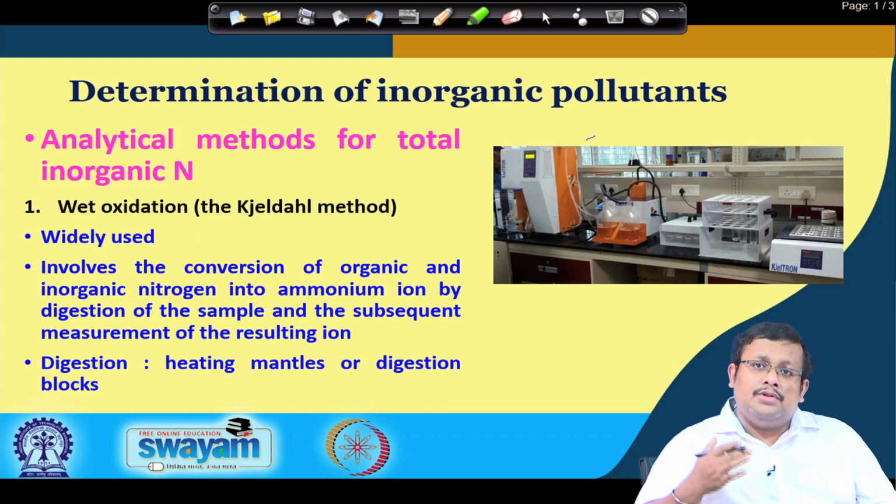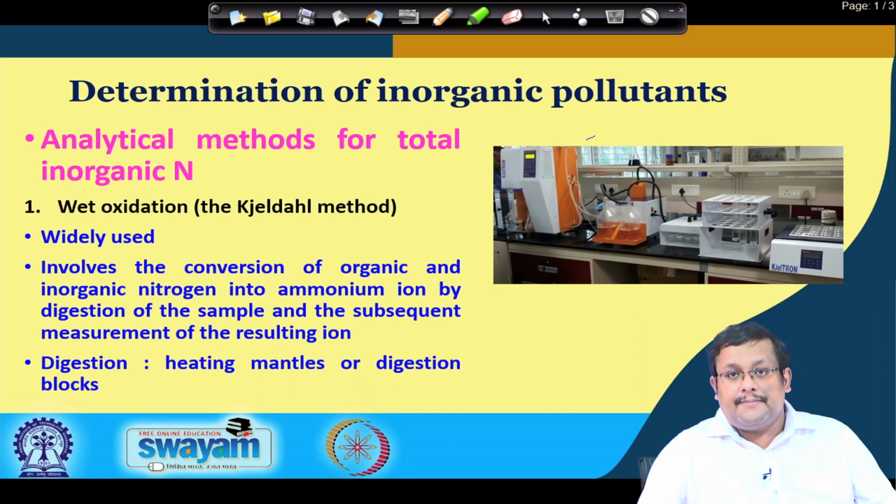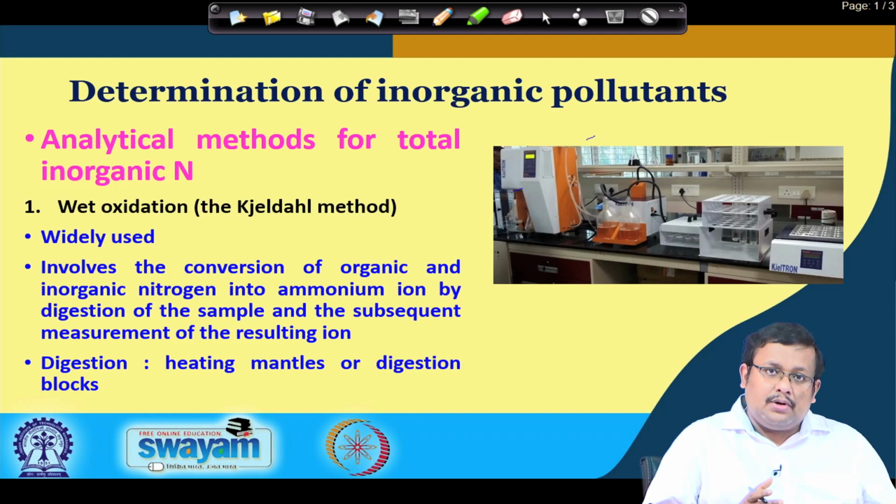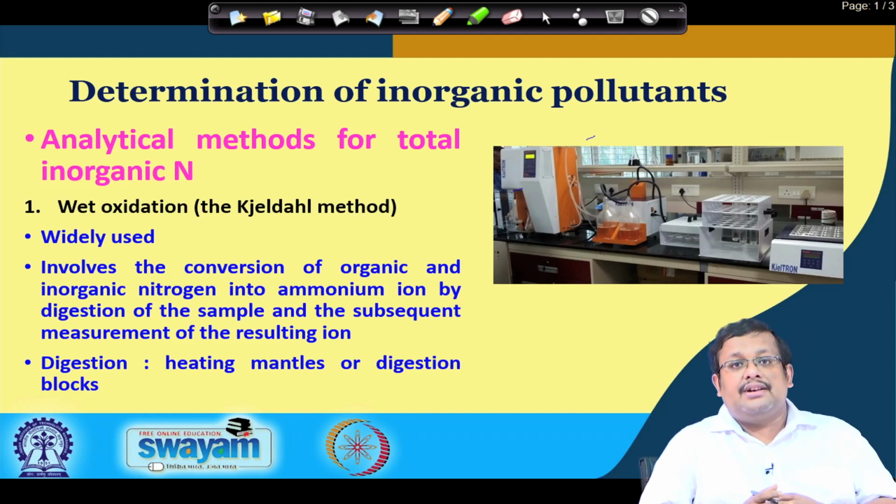In most soil chemistry laboratories, you will see that this instrument is present, and the Kjeldahl apparatus is sometimes automated, sometimes manual. The Kjeldahl analyzer converts all the organic forms of nitrogen present in proteinaceous material, and also inorganic nitrogen, into ammonium ion by digestion of the samples and then subsequent measurement of the resulting ions.